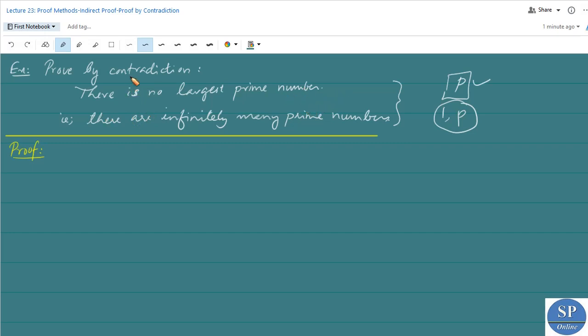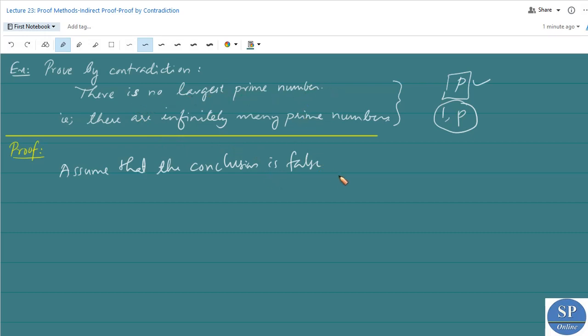Here note that there is no explicit hypothesis for this theorem. To prove this theorem by contradiction, we have to assume that the conclusion is false. What is the conclusion? There is no largest prime number. That is the conclusion.